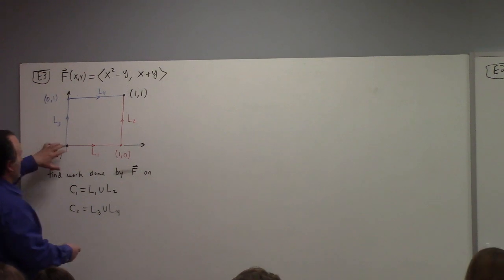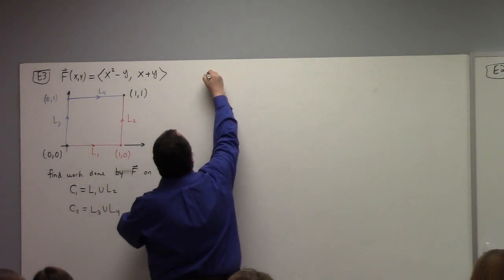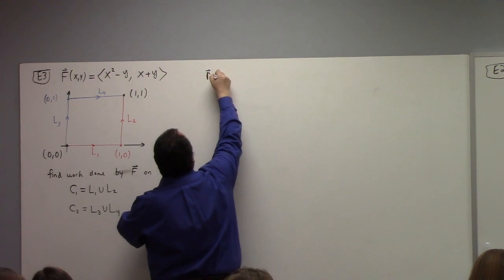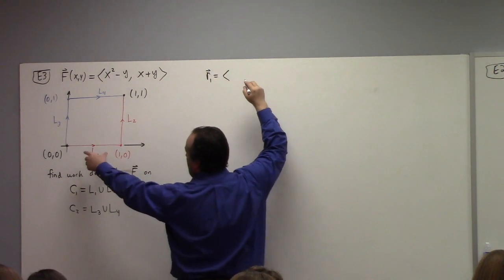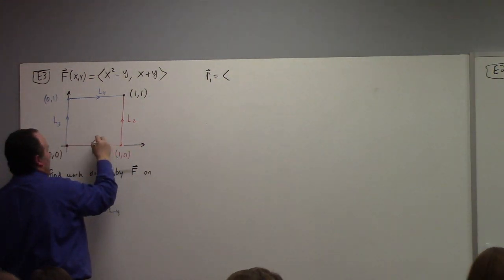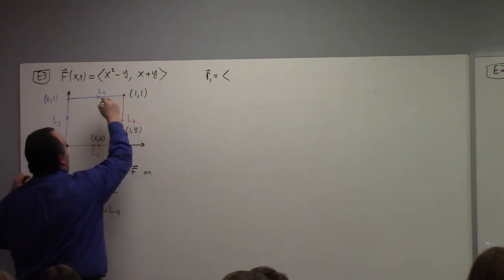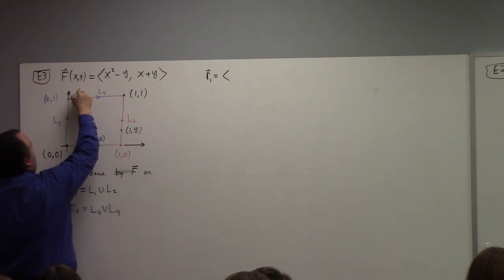So I'm going to give you a parameterization for each one. For each path, a typical point here is x comma 0. A typical point over here has the form 1 comma y. A typical point up here has the form x comma 1.